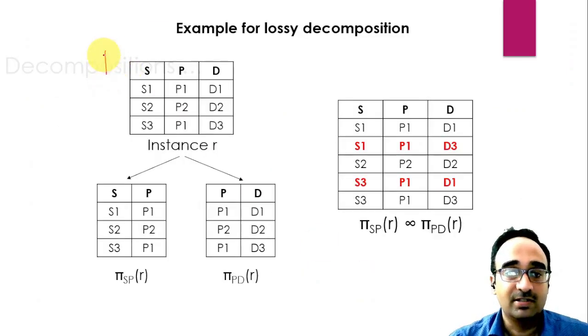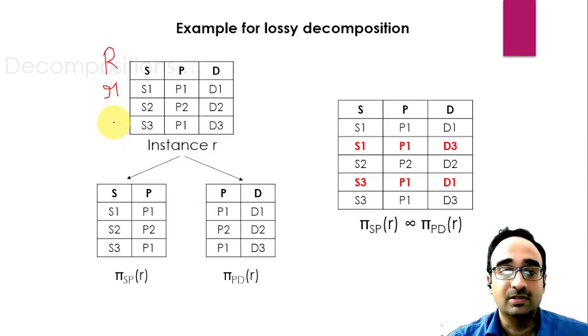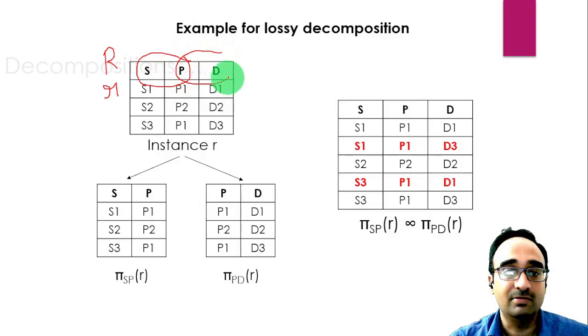Now let's see what this is with an example. So this is R. Also consider this as small r, no problem. Now we are dividing this big table into two tables like this. In one table we are taking the first two attributes, and in the second table we are taking the second and third attributes.